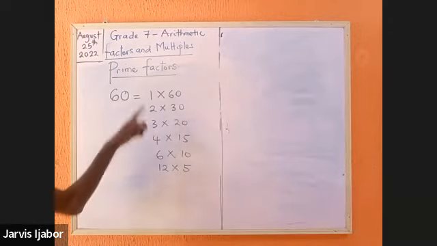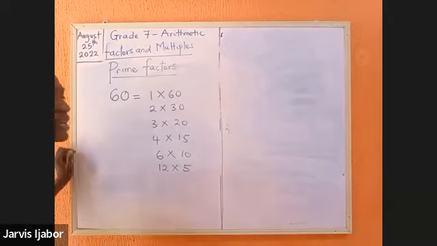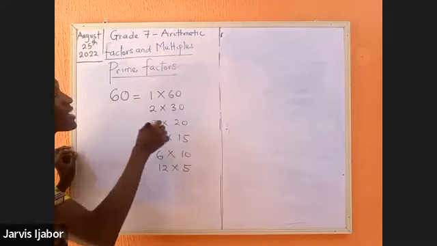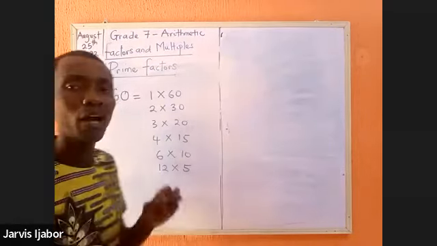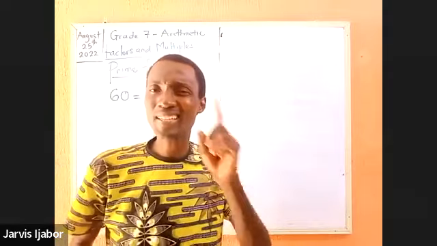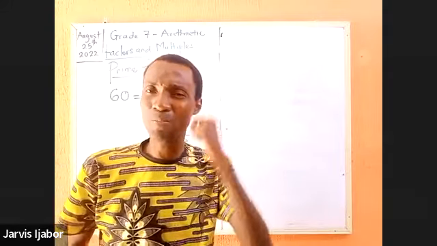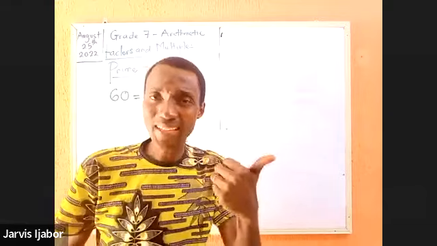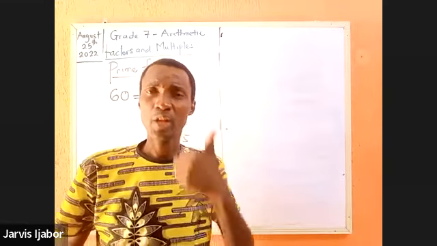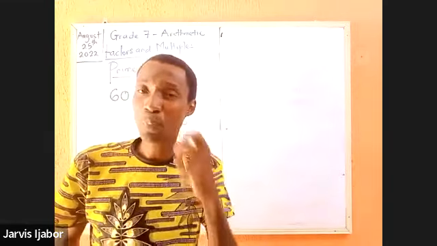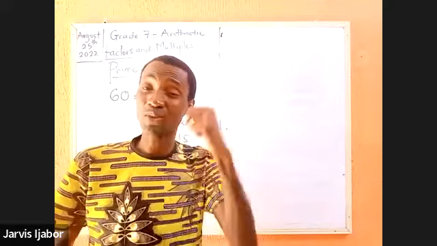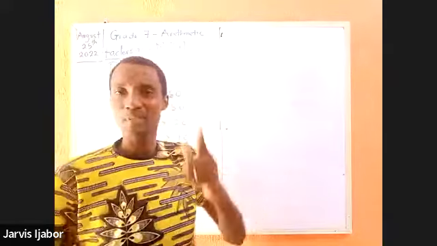Now, of these numbers, the prime factors, because we are calling them factors because they are present in that number, are numbers that can divide a number and they are prime. So prime factors are factors that divide a number and they are prime themselves.